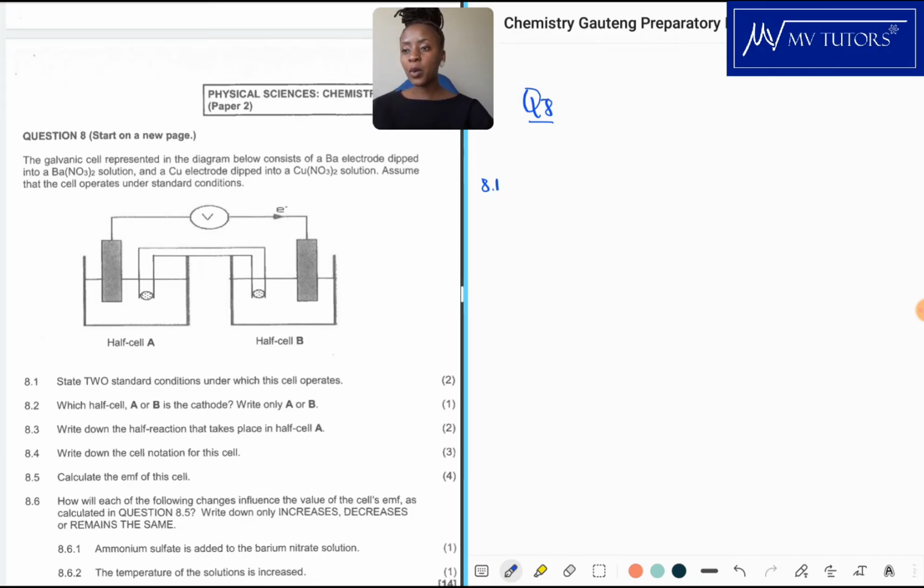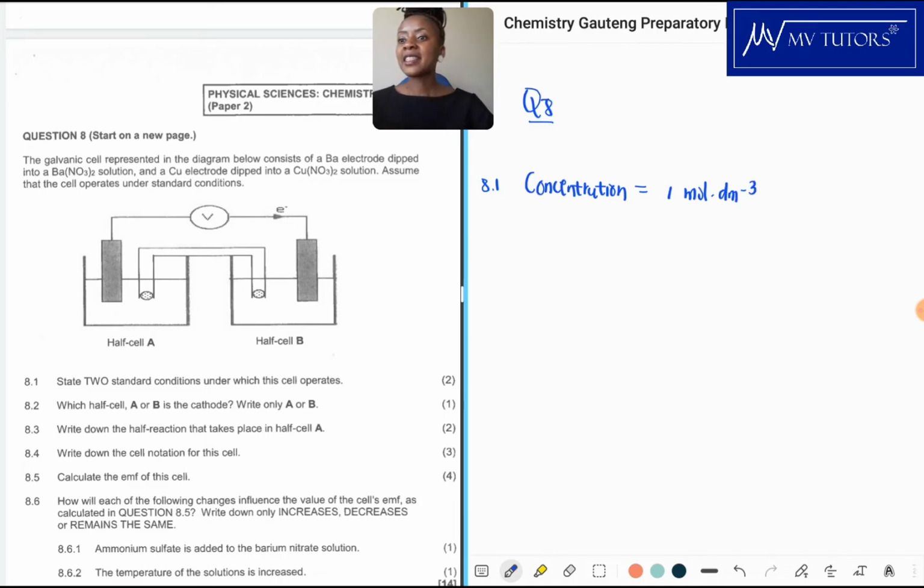Now let's see 8.1. State two standard conditions under which this cell operates. Okay, so I mentioned temperature, pressure, as well as concentration. When we have gases, that's where we can deal with pressure. So in this case, let's just stick to the temperature and the concentration. So you know that the concentration has to be 1 mole per cubic decimeter.